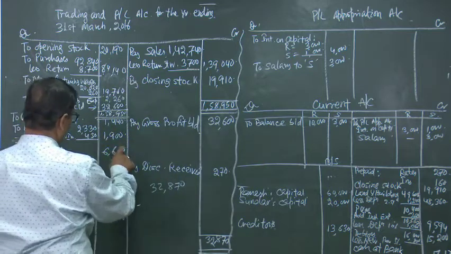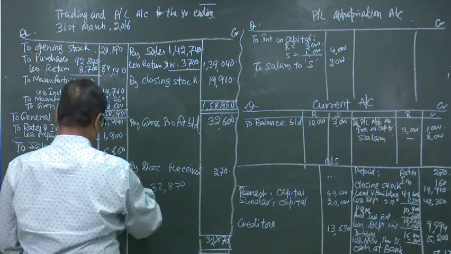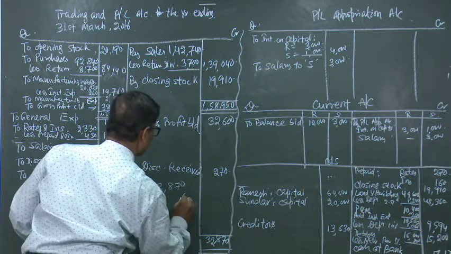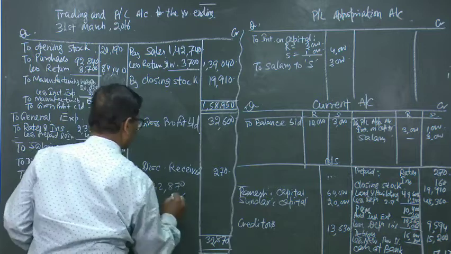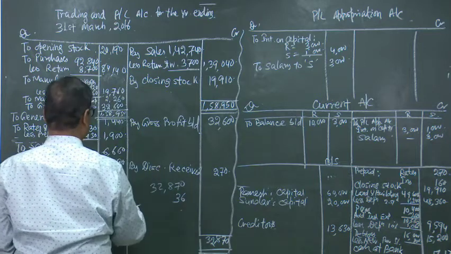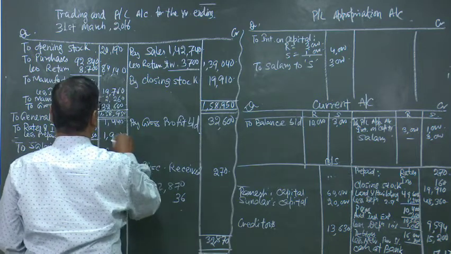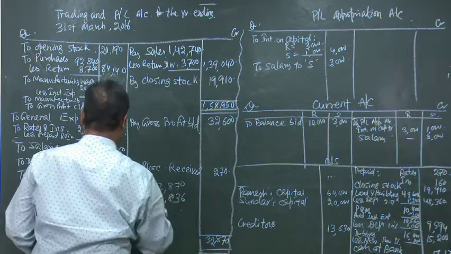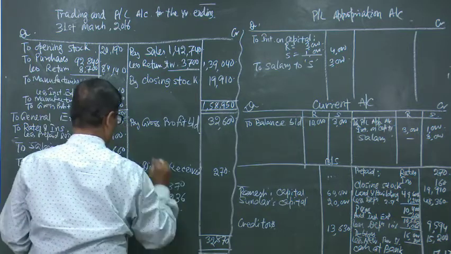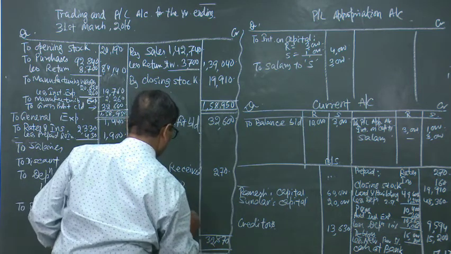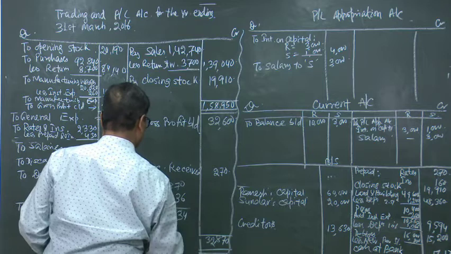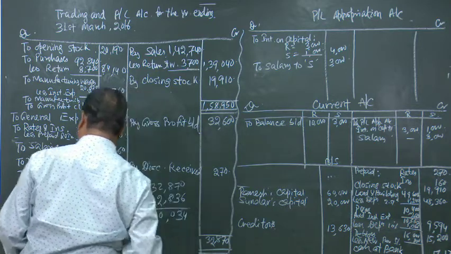This total is coming to 6 here, then so it is coming to 34,000, then 20,034.